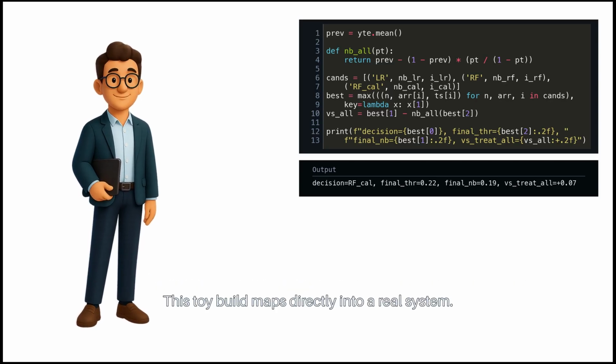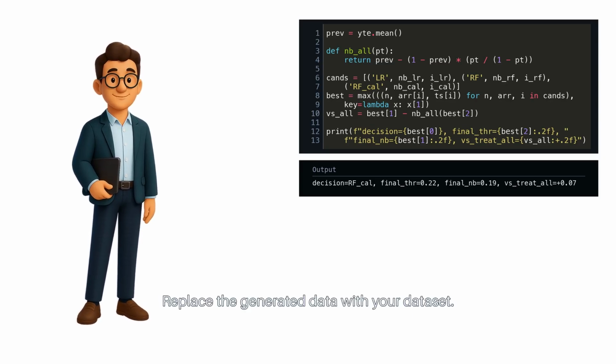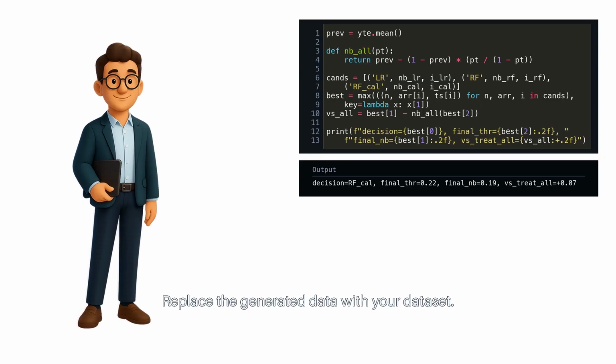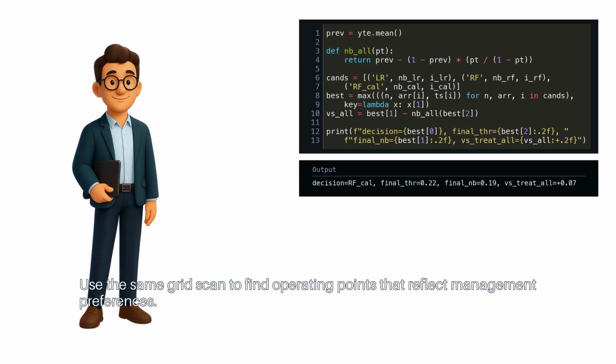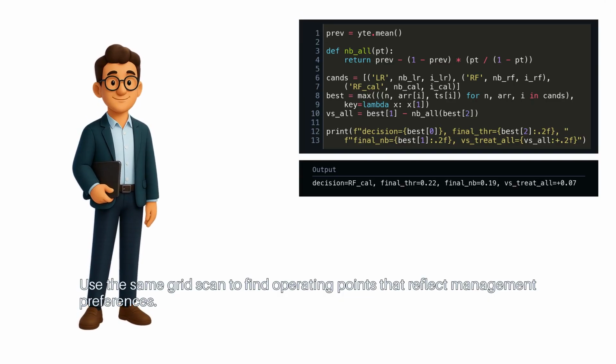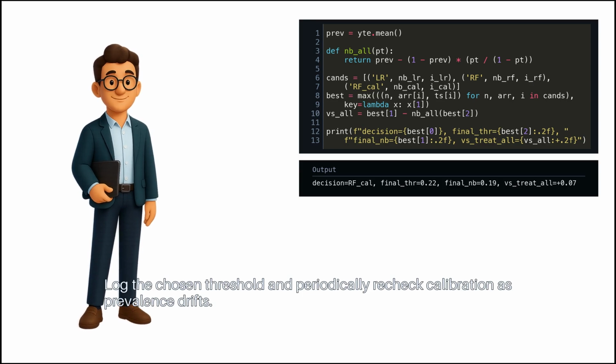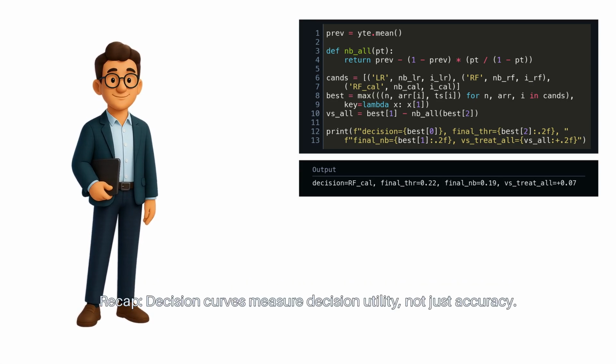This toy build maps directly into a real system. Replace the generated data with your dataset. Use the same grid scan to find operating points that reflect management preferences. Log the chosen threshold and periodically recheck calibration as prevalence drifts. Recap: decision curves measure decision utility, not just accuracy.